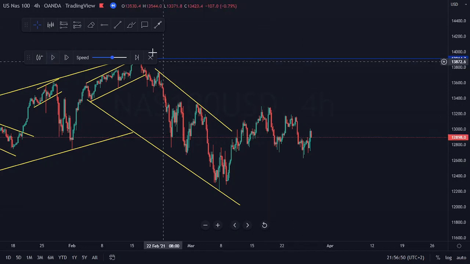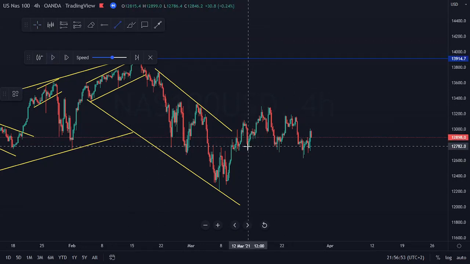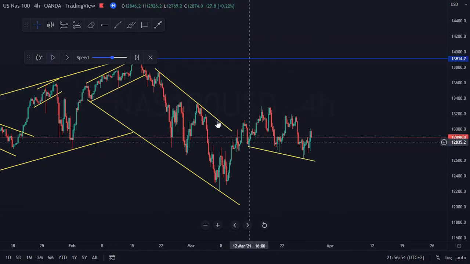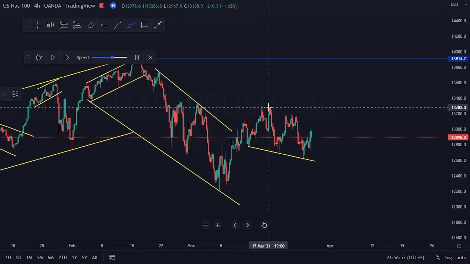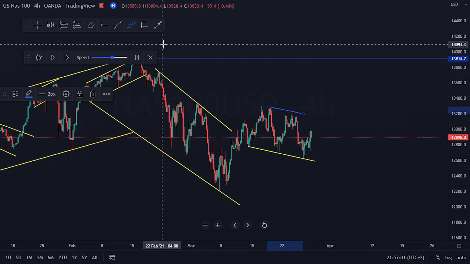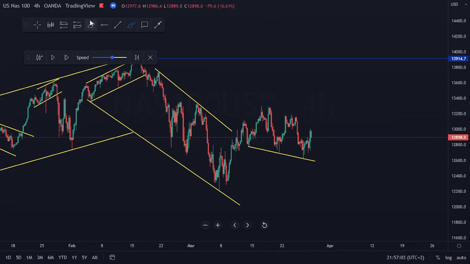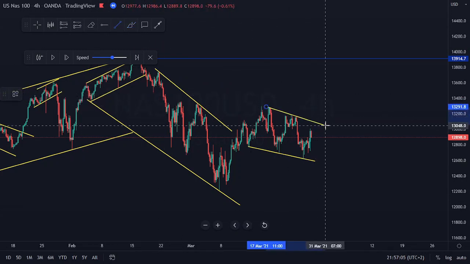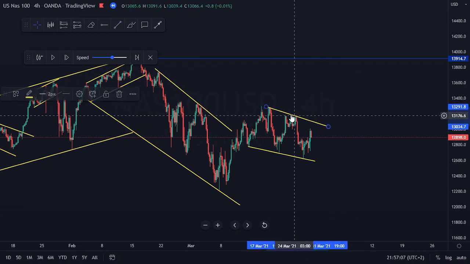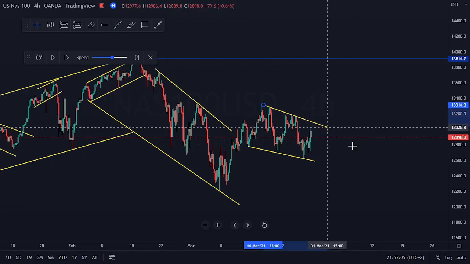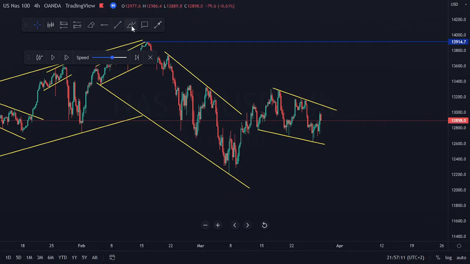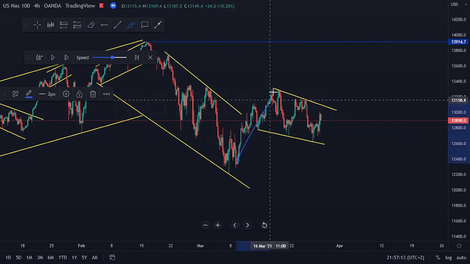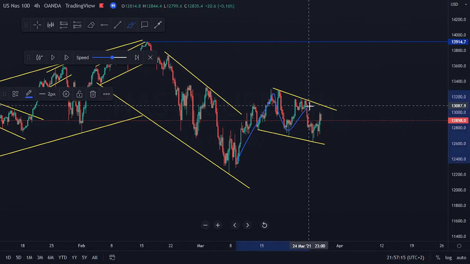With that low being formed there, we see that there's a lot of potential for this structure. If we are forming a bull flag, then the market wants to use this as the impulse and this as the correction.